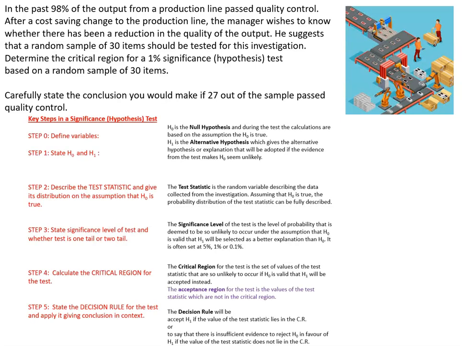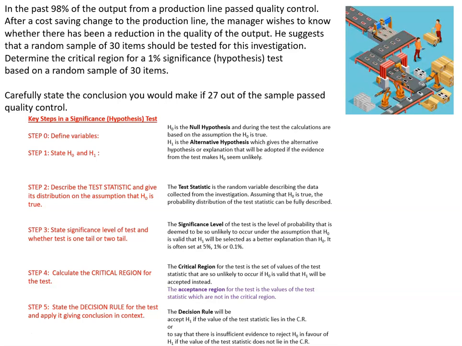Now we want to recall from the previous video the key steps that are used in setting up a significance test. We've got to define the variables first. Then we need to state the two hypotheses. Then we've got to describe fully the test statistic and give its distribution.